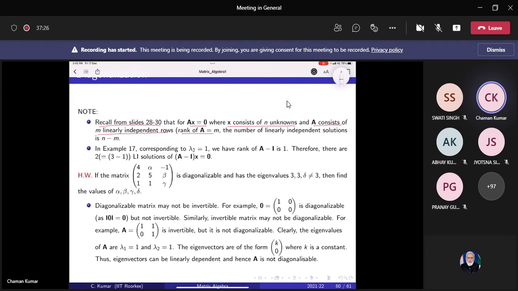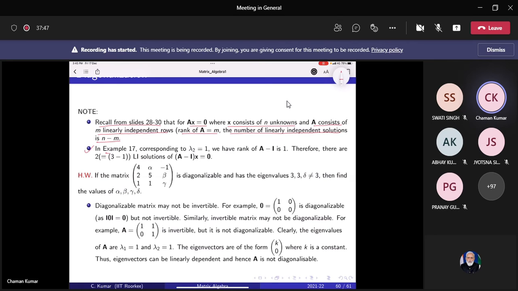That means the rank of A is m. The number of linearly independent solutions of this will be n minus m. You can assign n minus m variables as free variables and then solve the equation.